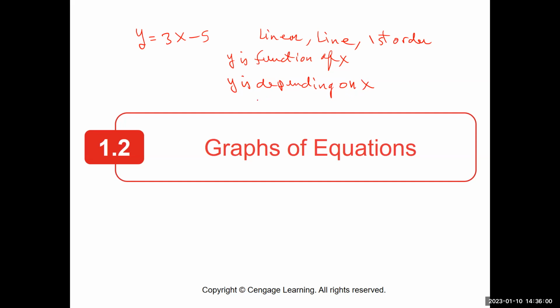So based on that, x is the independent variable, where y is the dependent variable.